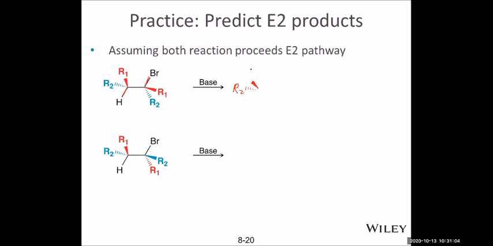Wedge and dash, just copy first. And you can see the wedge R1, dash R2. The molecular structure we cannot keep like this. When you put it on paper, you should put it two-dimensional. So in two dimensions, it's R1, R2.